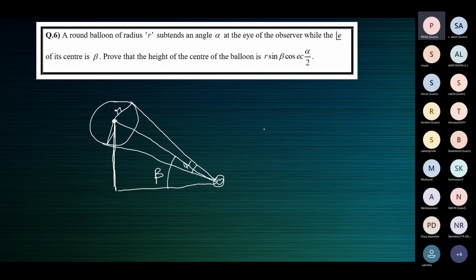Now the radius and the tangent. Just remember in simple words: radius is perpendicular to the tangent at the point of contact. Tangent we have seen in 9th standard. This is a tangent. A tangent is a line that touches the circle at exactly one point.